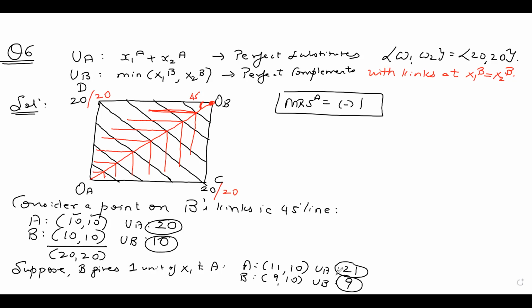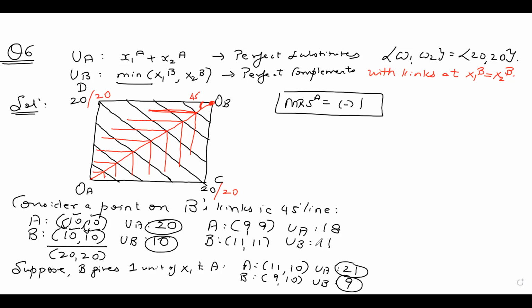Similarly, how will B become better off? To make B better off, B needs 1 unit here also and here also, because it has a min function. If A gives 1 unit of both the goods to B, A will become worse off. So suppose A gives 1 unit here also, 1 unit here also. So A will have 9, 9, and B is going to have 11, 11. Utility which A gets is 9 plus 9.